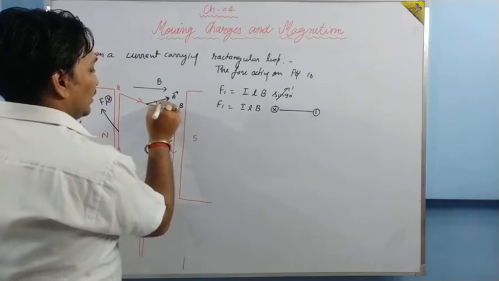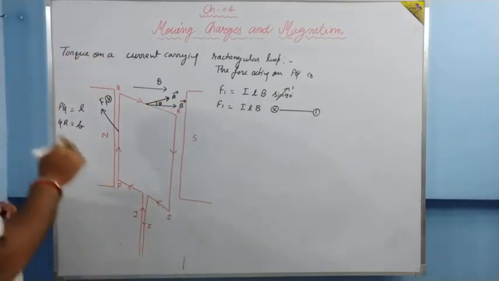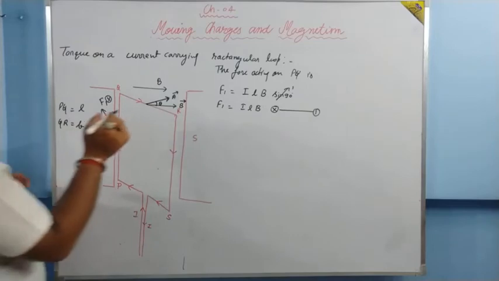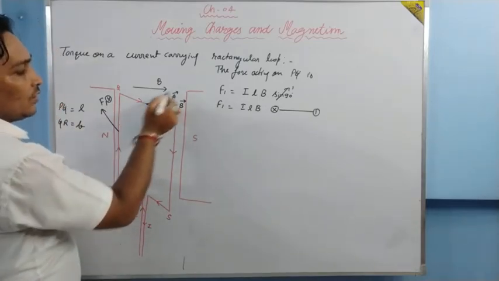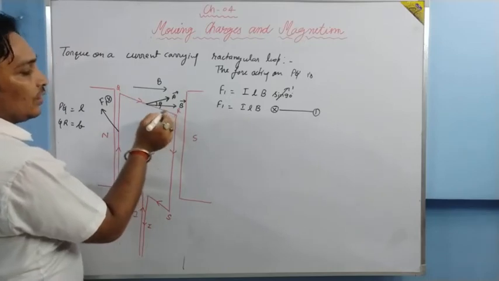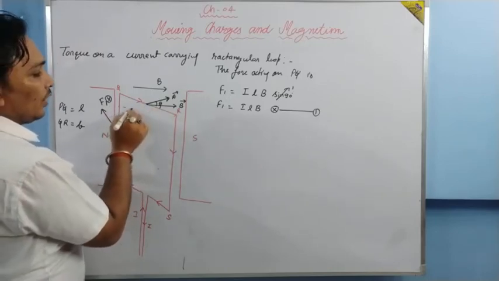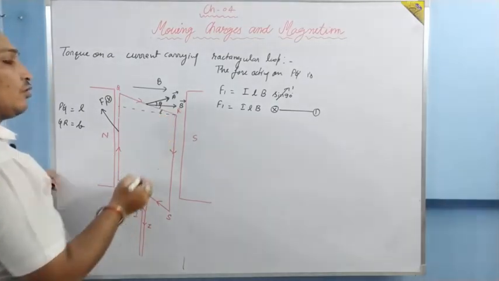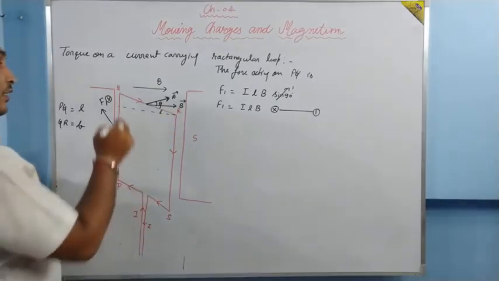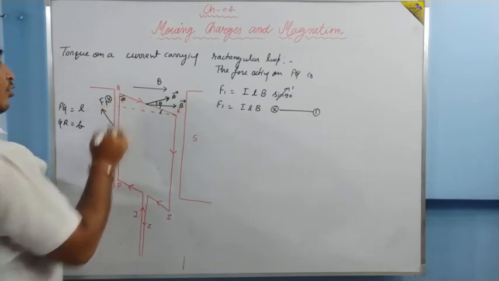Let this angle be theta. So if this angle is theta, then this angle is going to be 90 minus theta, obviously, because this is the area vector, this is the edge. And if that is 90 minus theta, then this angle is also going to be 90 minus theta, then this angle is going to be theta. Are you able to understand?